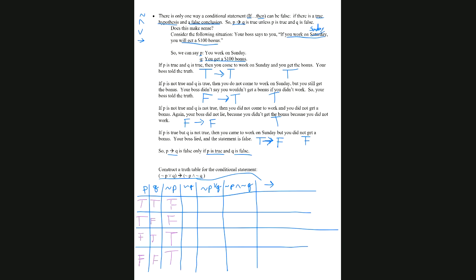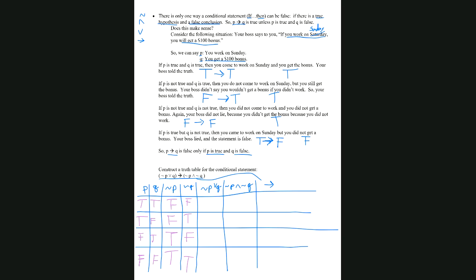Now not Q will be the opposite of Q. So Q is true, false, true, false, so not Q will be false, true, false, true.